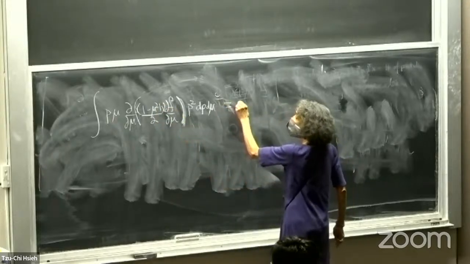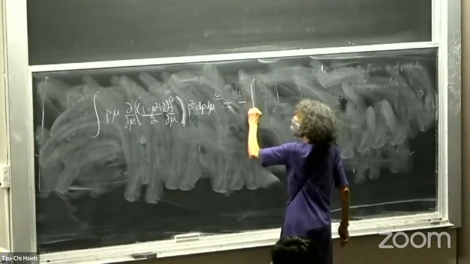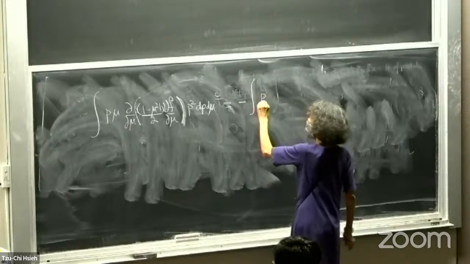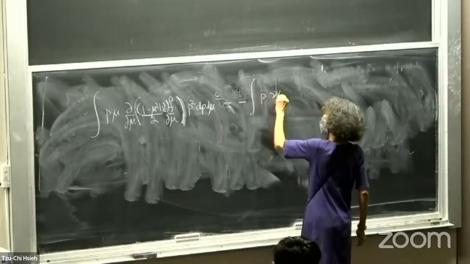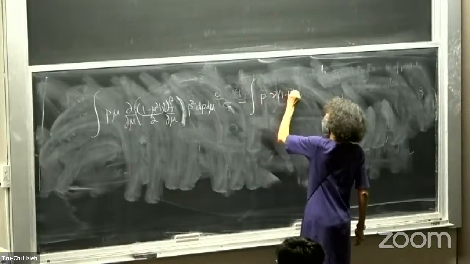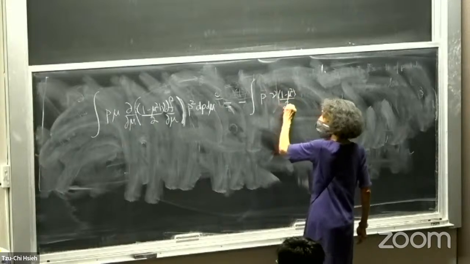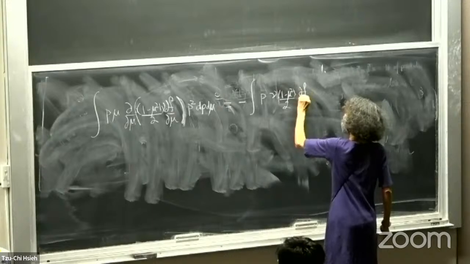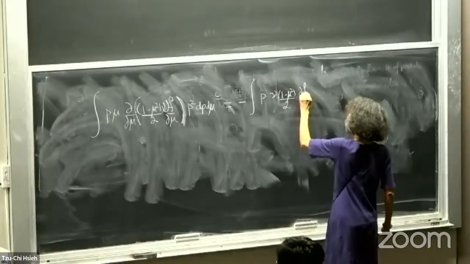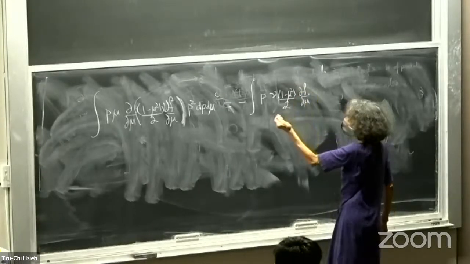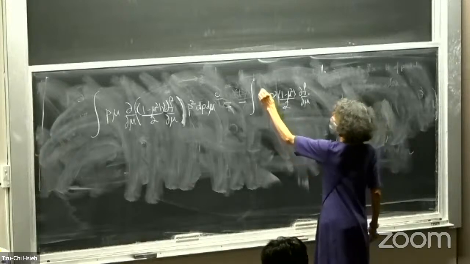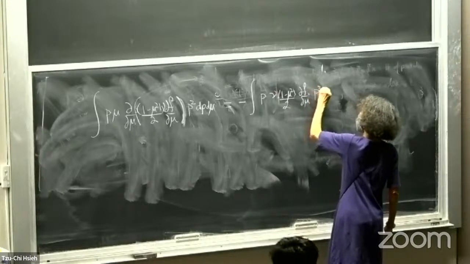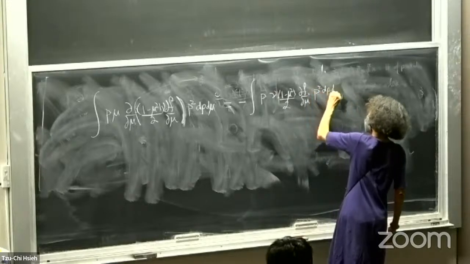And so this will be minus the integral of p nu (1 minus mu squared over 2) df d mu. And it's really df1 d mu because that's as high as we went. And then this whole thing is p squared dp d mu.